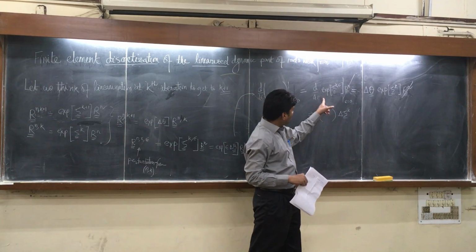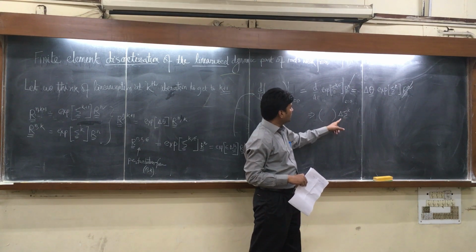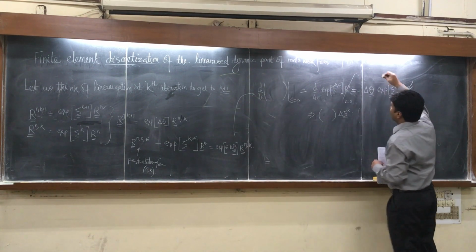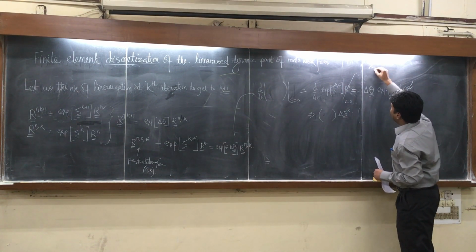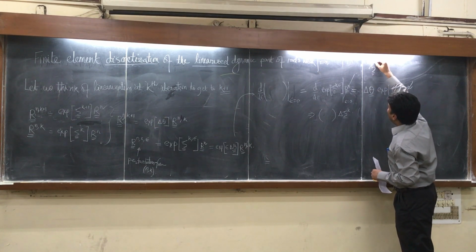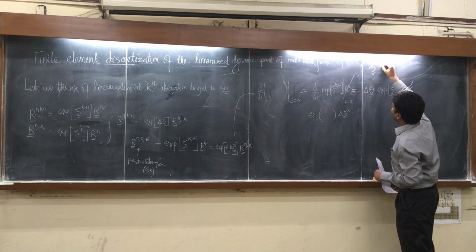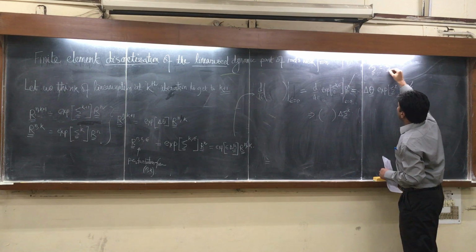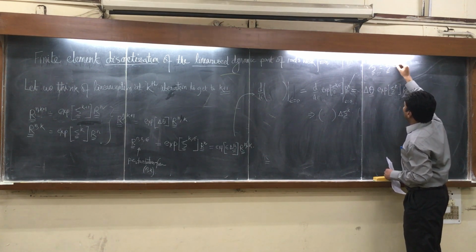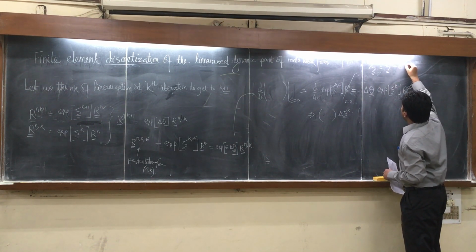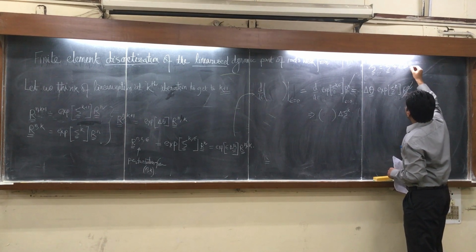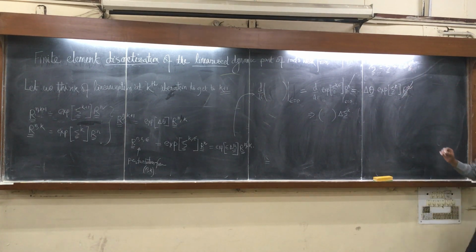When you evaluate this at epsilon equal to 0, basically you can say that zeta of k comma epsilon is actually zeta of k plus epsilon delta zeta at k. Okay?